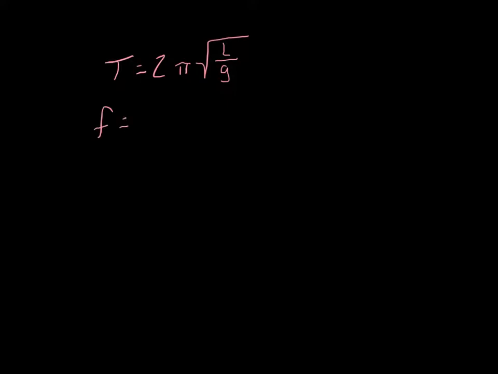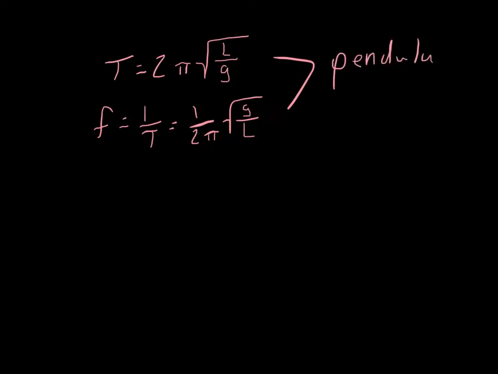And since frequency is equal to 1 over period, we just flip everything around: 1 over 2 pi square root g over L. Those are our two equations for a pendulum system, both good for pendulums. So anytime you're reading a problem with a pendulum, it's a good place to start.